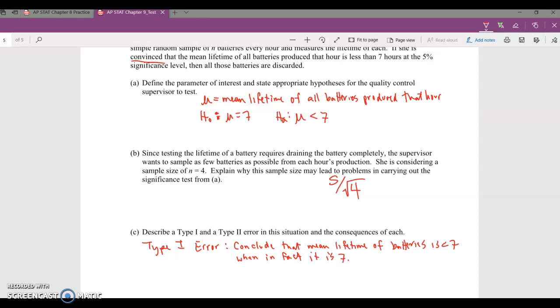Right? So that would be an error. And that would mean she would discard good batteries, discard a good batch.